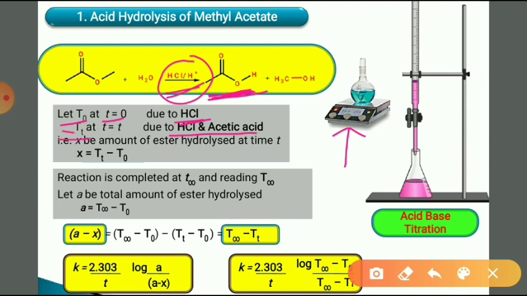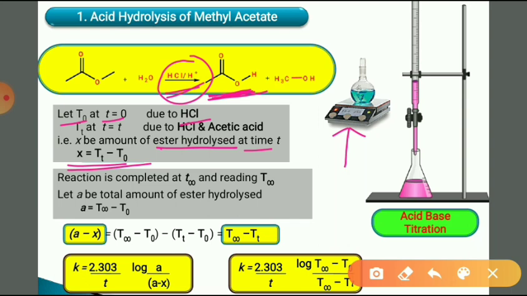These are the titrating readings at time 0 and at time t. From this, small x, the amount of ester hydrolyzed at time t, is given by x equal to Tt minus T0.